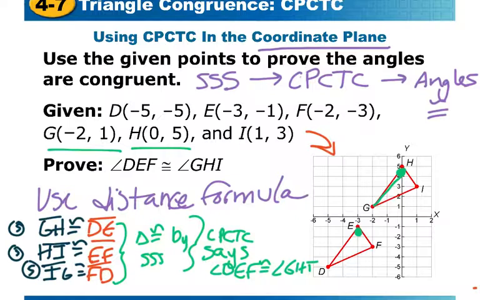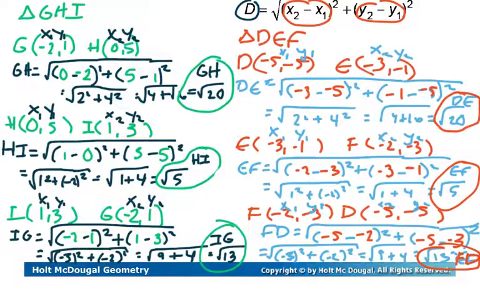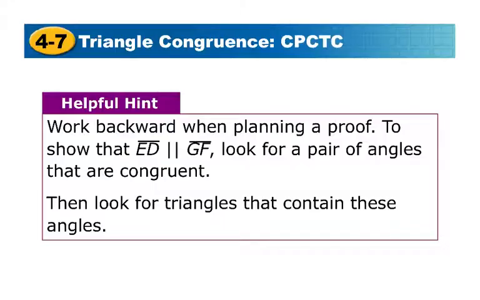So again, notice that we did the work to prove by side, side, side. Then we use CPCTC to say, oh, that extra angle can be congruent now. So kind of a long proof.